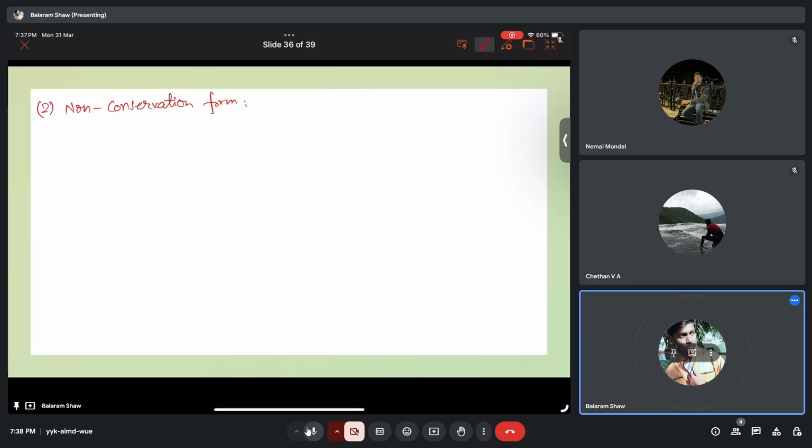We write that as del V del T plus V into del V del X. V is the average flow velocity, right? Plus g into del Y del X. So the terms remain the same, that is what they denote. Only instead of U, we write it in the form of average flow velocity. So it equals 0.